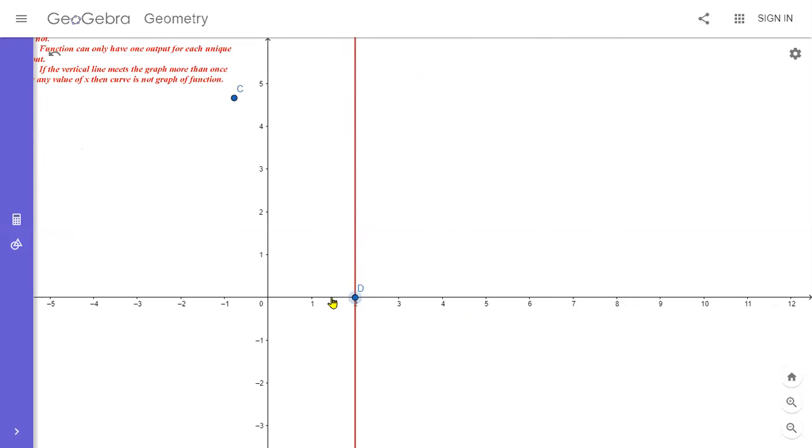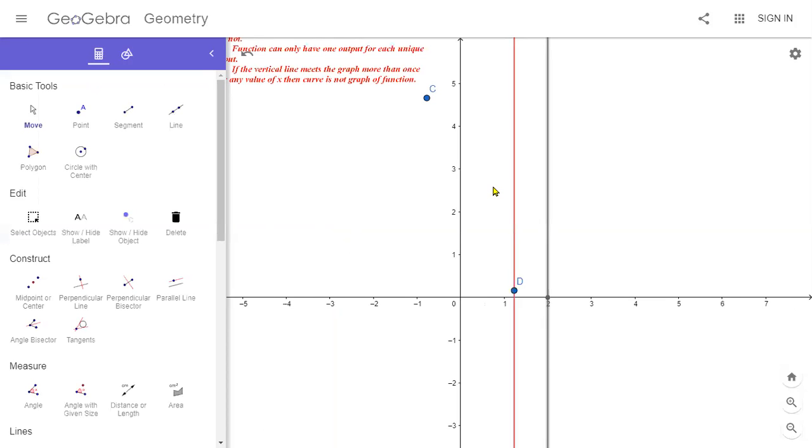So we can say that this given graph is not the graph of a function, because this vertical line touches the graph at more than one point.